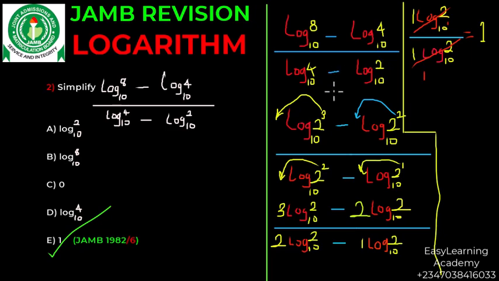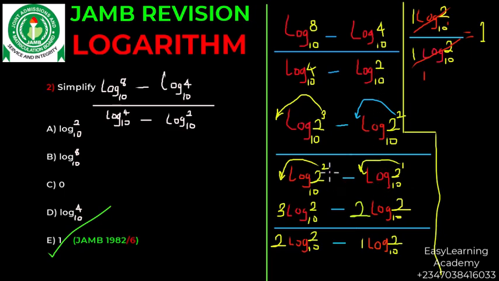Then we changed 8 to 2 raised to the power 3, and 4 to be 2 raised to the power 2. Same thing was applicable to the denominator. For log 4 base 10, we had it as log 2 raised to the power 2 base 10, and this remains log 2 base 10.